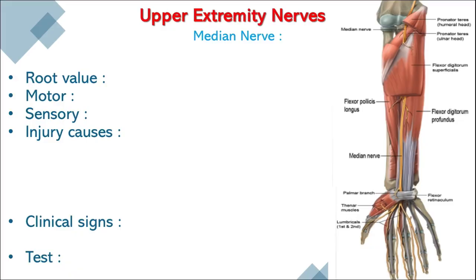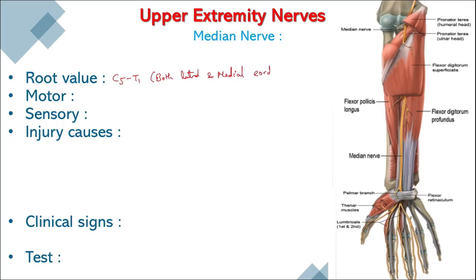Next, the median nerve. This median nerve is very important, and we have to know the root value. The median nerve root value is C5 to T1, and it comes from the brachial plexus, formed from both the lateral and medial cords.